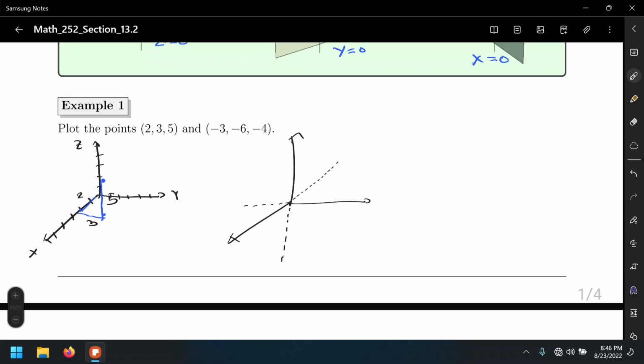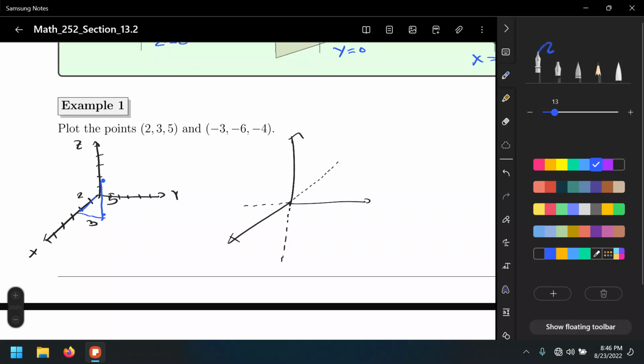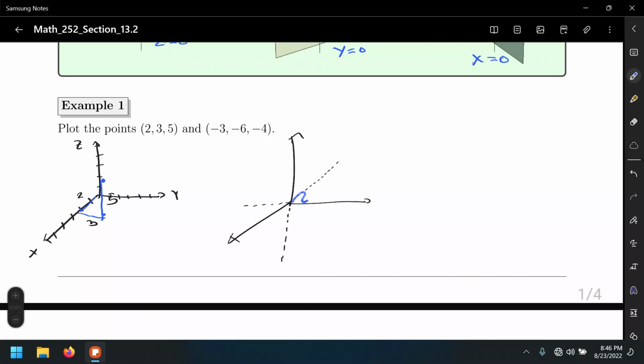In this case, we're going to go negative 3 units in x, then in y, and z: negative 3, negative 6, and negative 4. I know it just looks like a point in the middle of nowhere, like a random point.